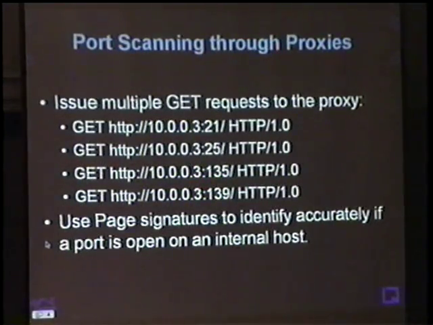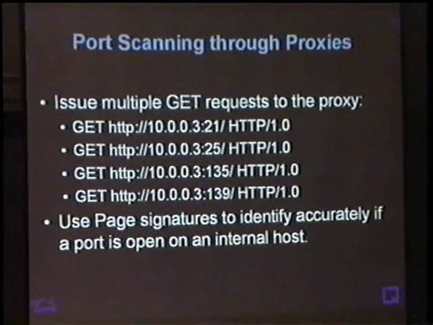So now we can do many things with a reverse proxy. For example, you can do port scanning through a proxy. All you've got to do is issue multiple GET requests with different ports, so you'll find out what ports are open on systems inside. You may not get a valid HTTP response, but as long as you don't get a denied response, you're okay.